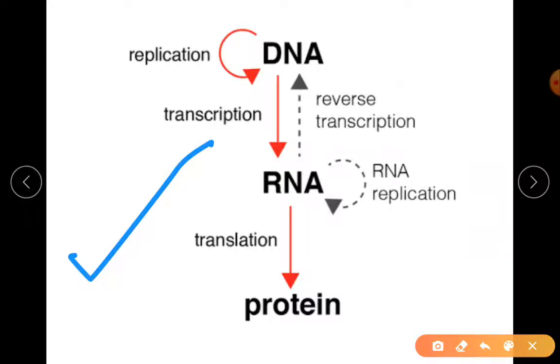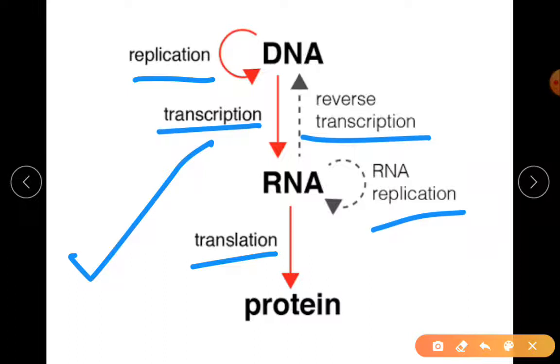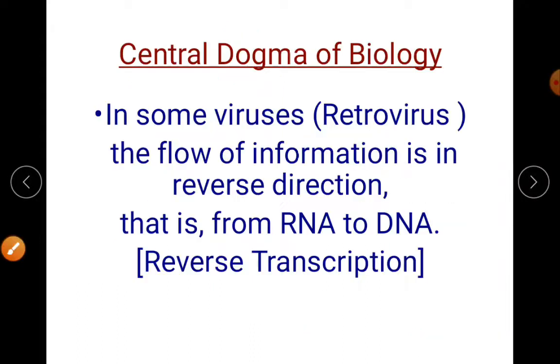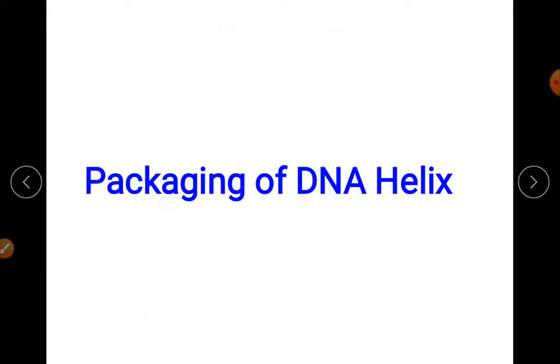I hope it is clear: translation, transcription, replication, reverse transcription. You just remember the one word, and you know the process very well. DNA to RNA, transcription. RNA to protein, translation. So remember that. In your coming topic in this chapter itself, it is coming later on, so you can understand it better there.